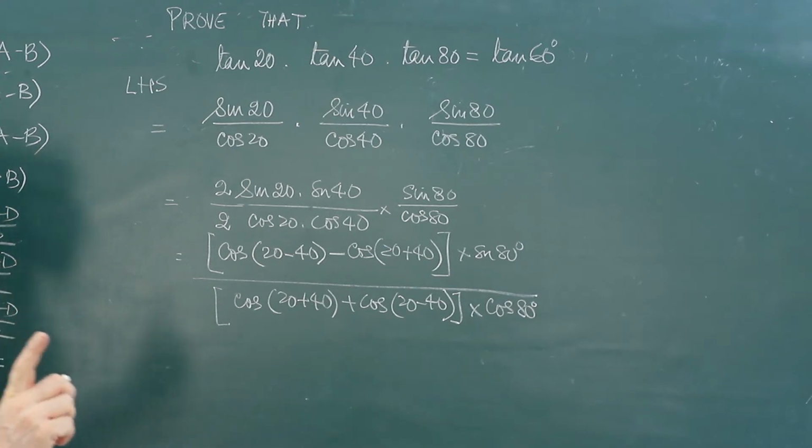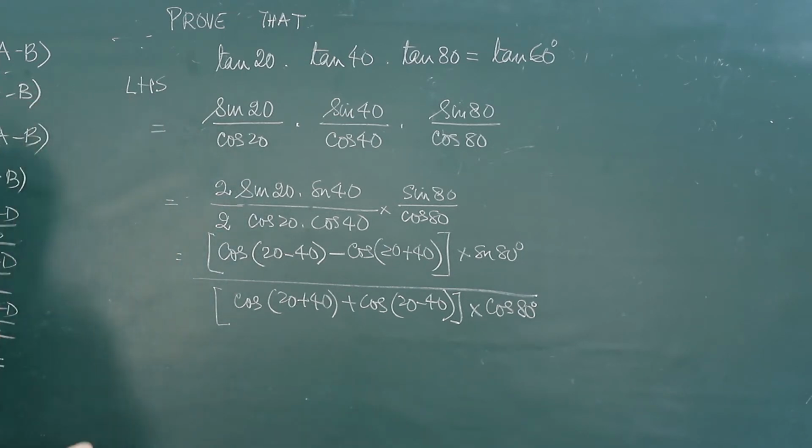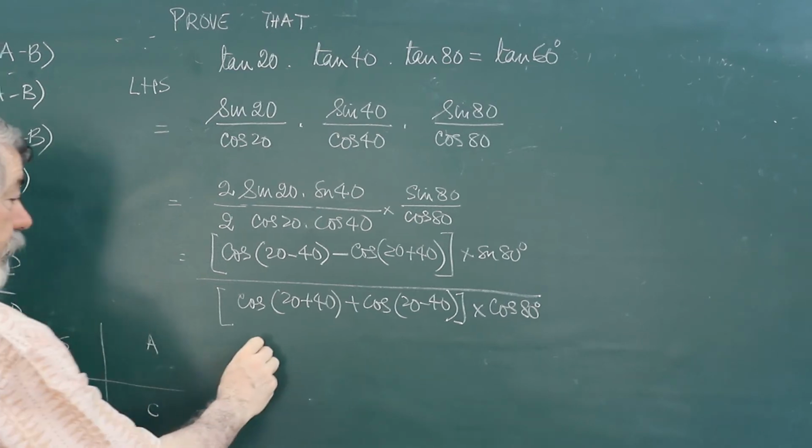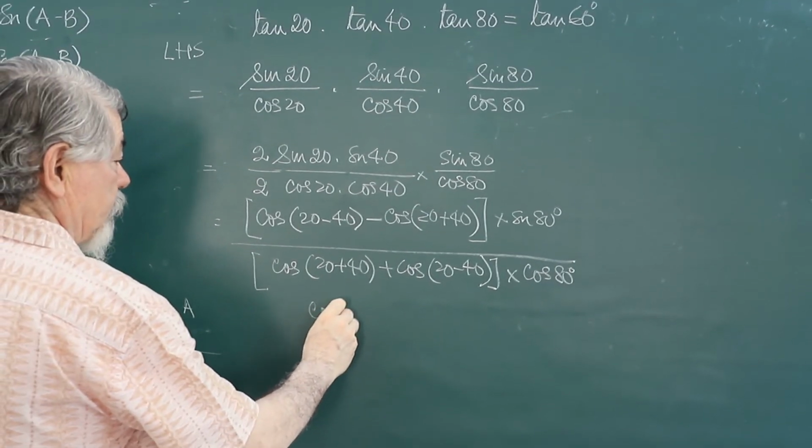And if you remember, in the beginning we had discussed, cos minus 20 will come in the fourth quadrant, and in the fourth quadrant add sugar to coffee, so cos is positive. So I can write it as cos 20.